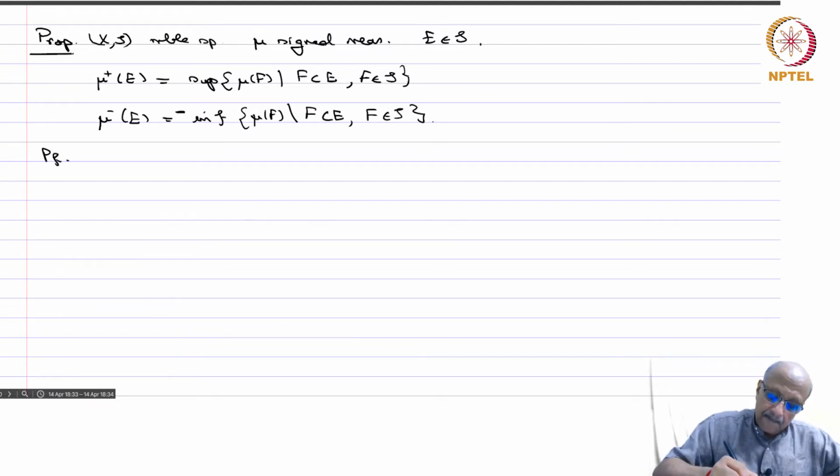So proof: let X equals A union B be a Hahn decomposition.